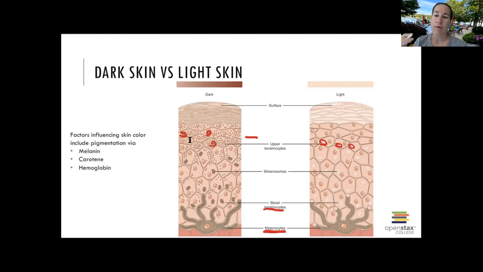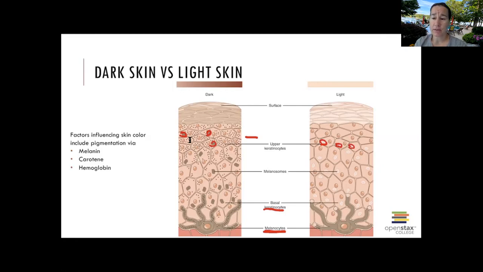And then how long does it get to stay in those cells before the lysosomes come along and take them out? Darker skinned individuals produce melanin in slightly bigger packets, and they're more abundant in the skin than in lighter skinned individuals, who are not going to have them as abundant in the skin because the lysosomes came and took them away. So those are the differences in skin coloration.